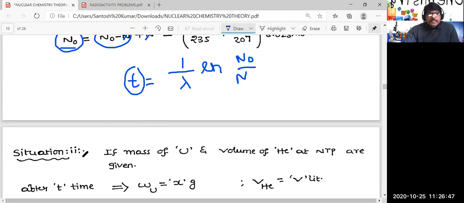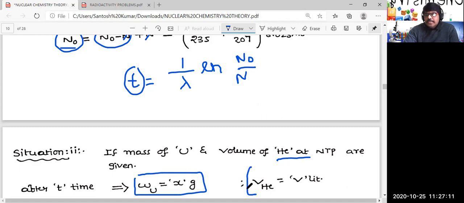And another situation here, instead of the mass of lead, they may give the volume of helium at NTP. After T time, the mass of uranium is given as X grams, and the volume of helium liberated at NTP is V liters.